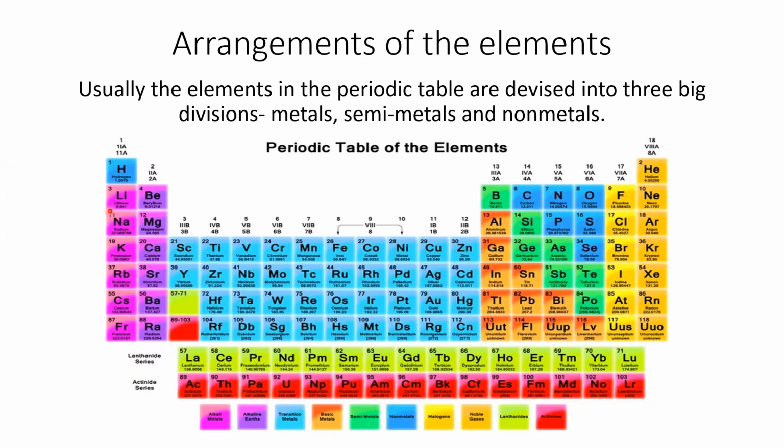Then in the second period, we have lithium, beryllium, boron, carbon, nitrogen, oxygen, fluorine, and neon, which is, I'm sorry, a noble gas. We're going to talk about the noble gases in a bit as well. But basically, 1s2 is going to be filled, then there's going to be 2s.